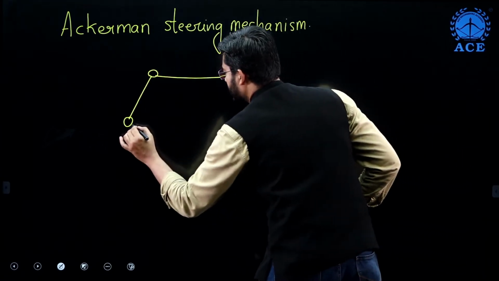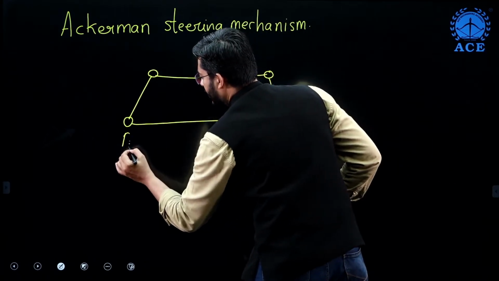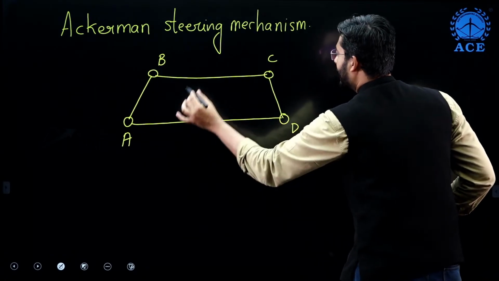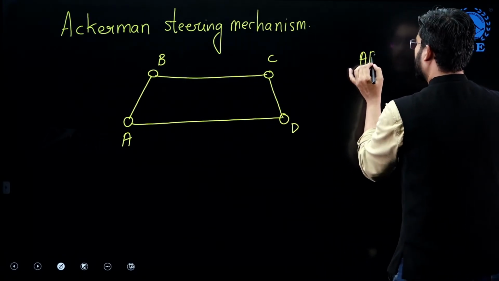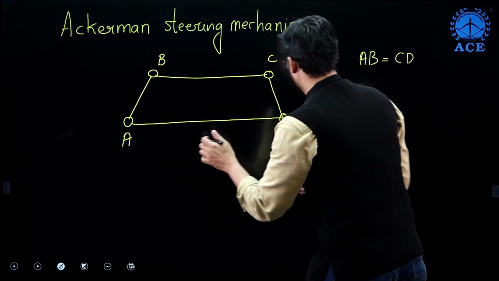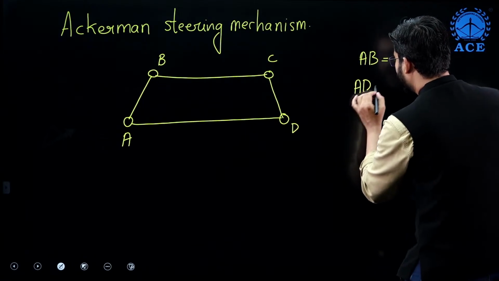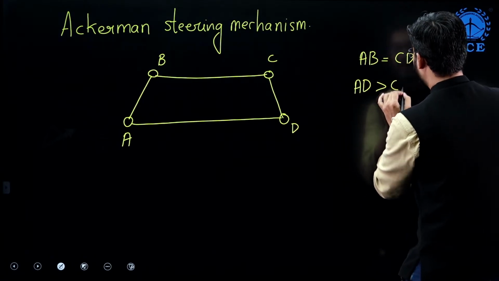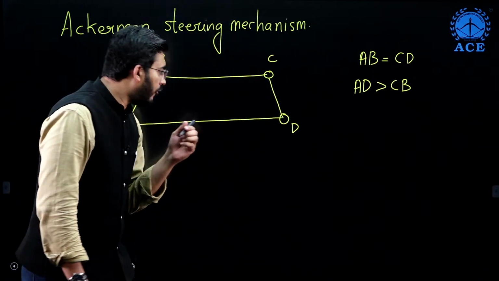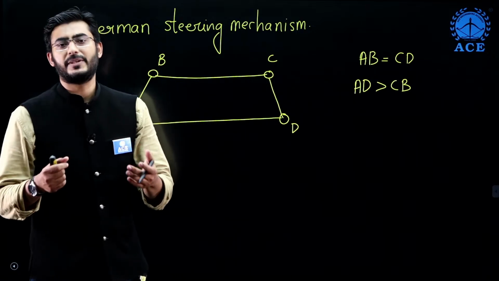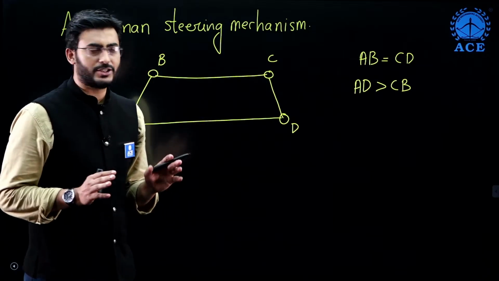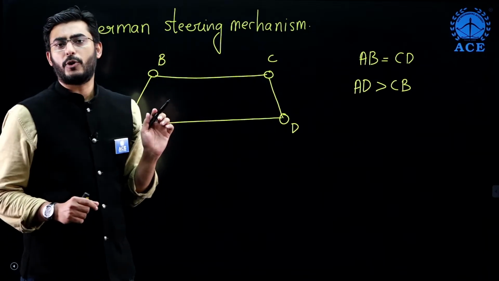Here the links AB and CD will be equal. They are not parallel, but they are equal in length, whereas AD is greater than BC. For your understanding, you can go through the animation, but for the time being, this is a very important point for you to remember.